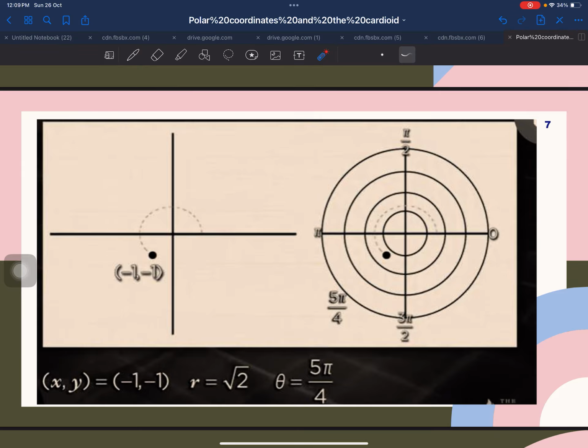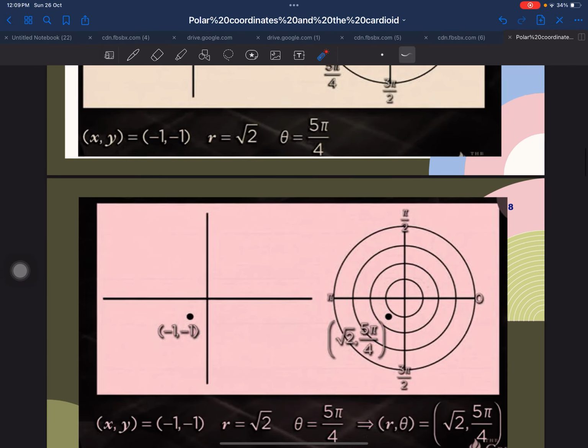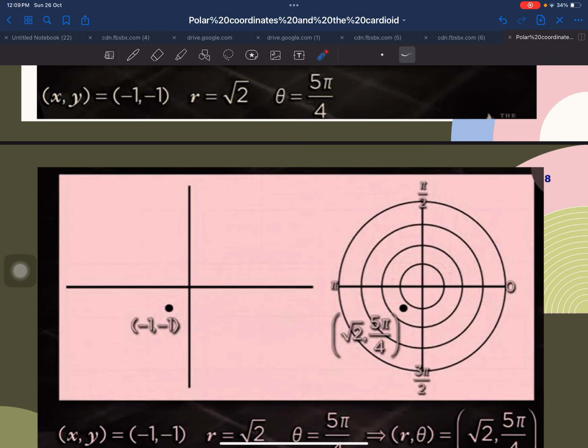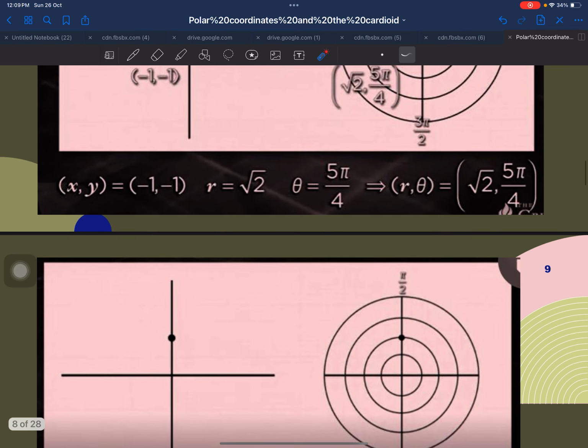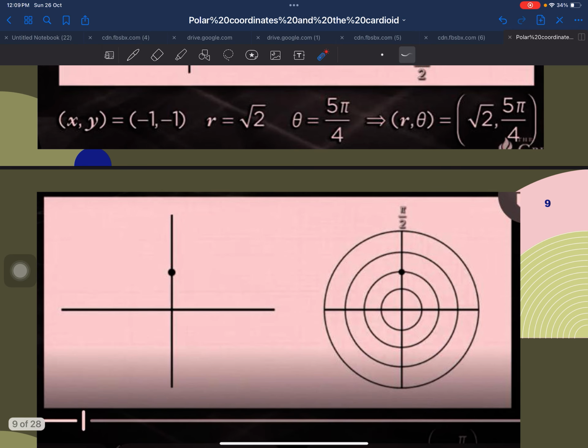So let me show you what I mean. Now let's go back to the first example, 0, 2. Okay, so 0, 2 were the x and y coordinates, and we discovered that r, theta was 2, pi over 2.